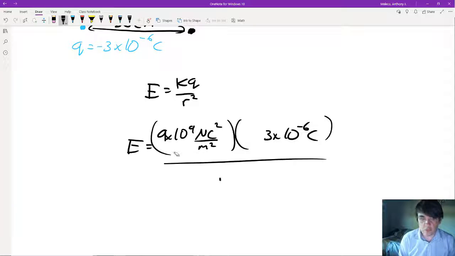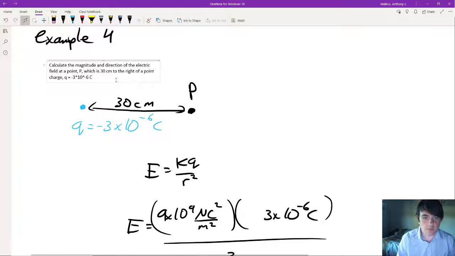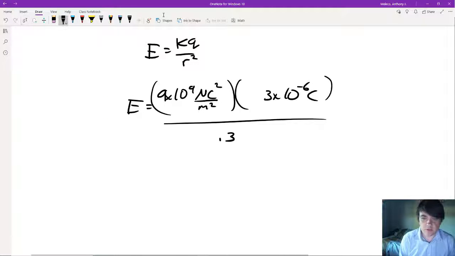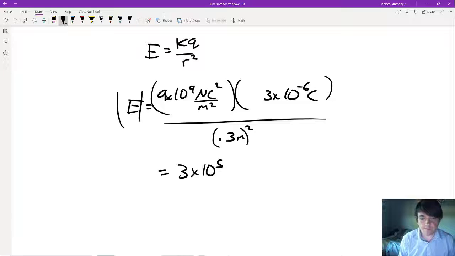And then the distance was 0.3. Again, we're worried about 30 centimeters here, so 0.3 meters squared. And if you plug in the numbers on this, you'll get 3 times 10 to the 5th. So we're just looking at the magnitude. Newton per coulomb. So only 1 coulomb will cancel here. Okay, it's the force per charge. So that's why we have these units.